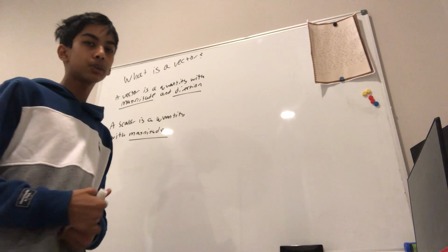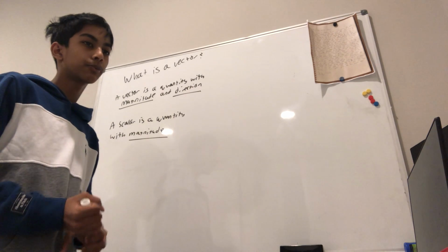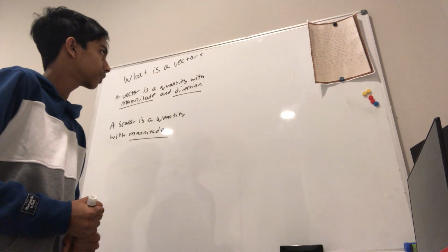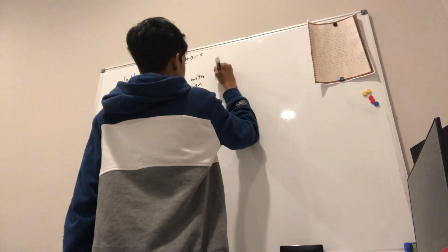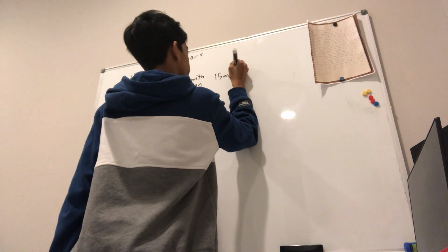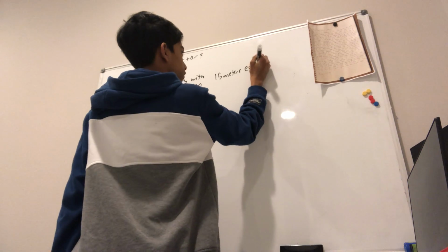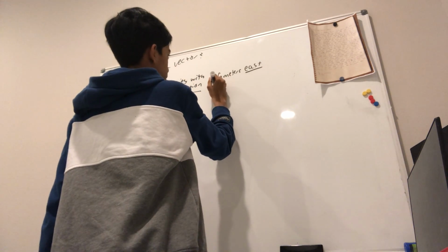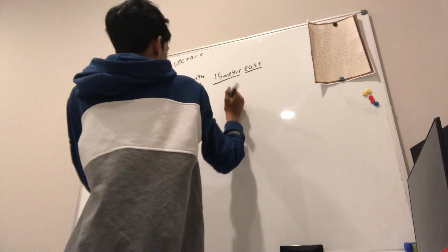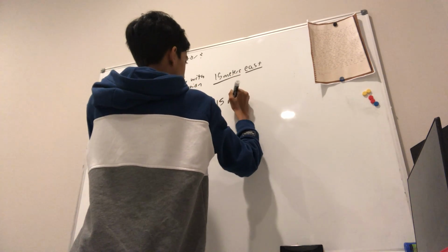So what exactly would a vector look like in normal terms? A vector would be like 15 meters east. The directional component is east, and the magnitude component is meters. A scalar would just be 15 meters.